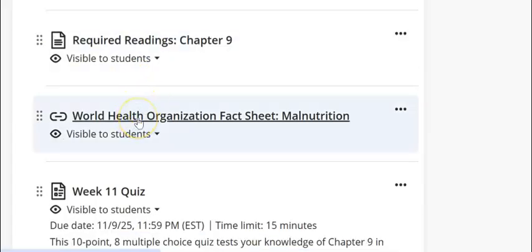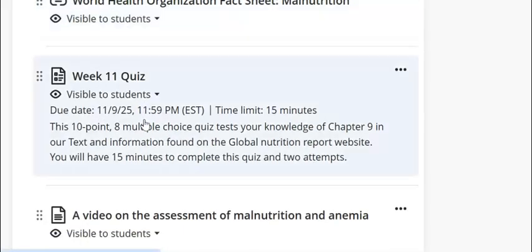Here's the World Health Organization fact sheet on malnutrition. That's where we got the data as far as the numbers of children on our planet who are stunted and wasted. And you want to read through all of this information. It's very helpful. And there is the quiz.